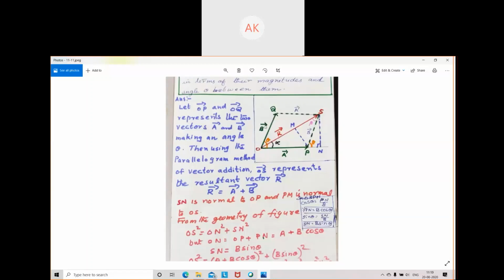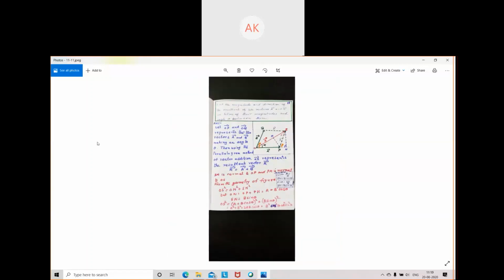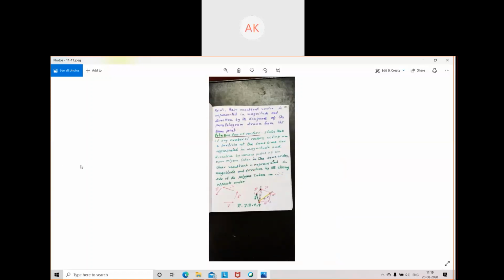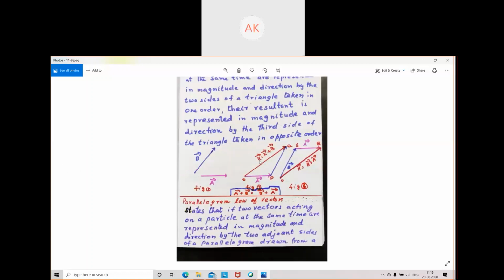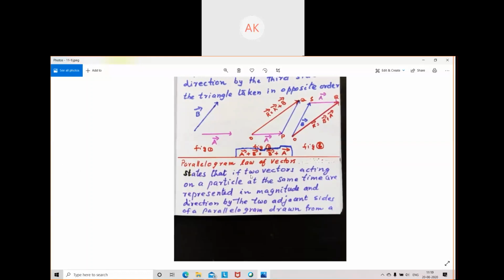So this is the parallelogram law of vector addition, and we will show you the statement. See, this is the statement.